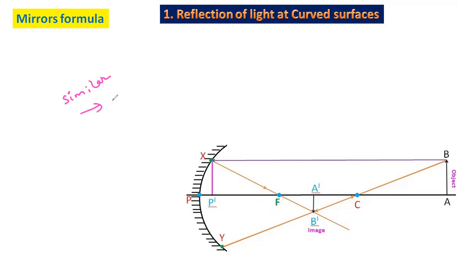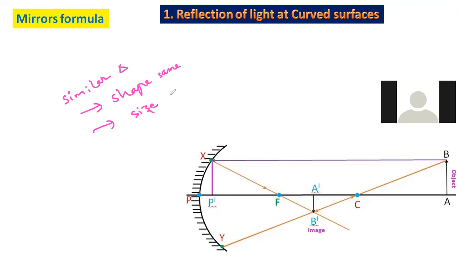Similar shape, same shape, okay. That is actually proof, not the definition or explanation for similar triangles. So similar triangles means the shape is the same, its outline is the same, but the size is different. Very good, size not the same. Then they are said to be similar triangles.